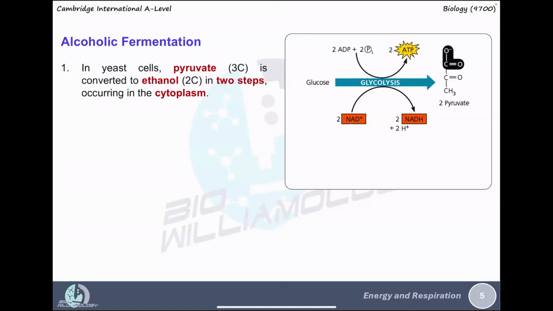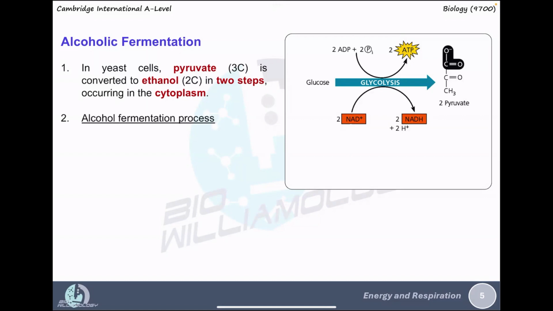However, in order to regenerate NAD in anaerobic conditions, the yeast cells have to regenerate NAD through anaerobic respiration, which is alcoholic fermentation.